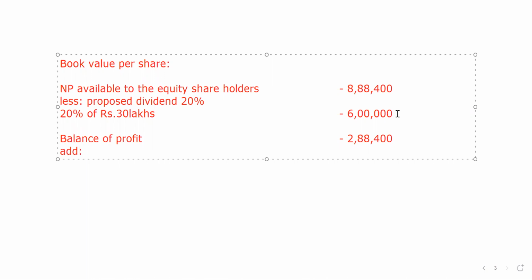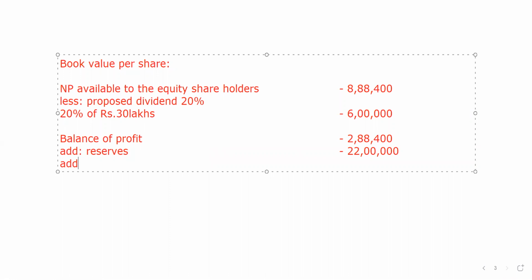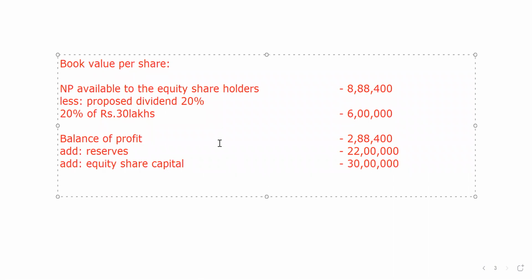So we have reserves at the beginning of the year, rupees 22 lakh. Then we have equity share capital of rupees 30 lakh. Finally, we will reach the amount available to the equity shareholders.